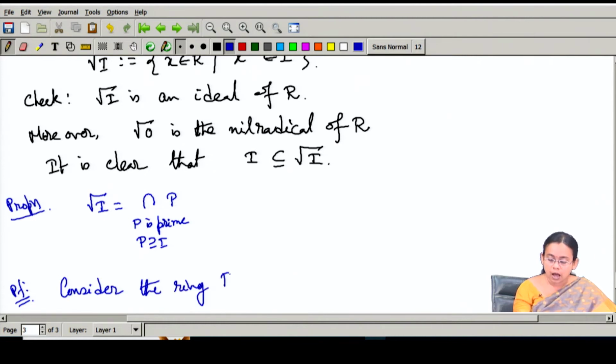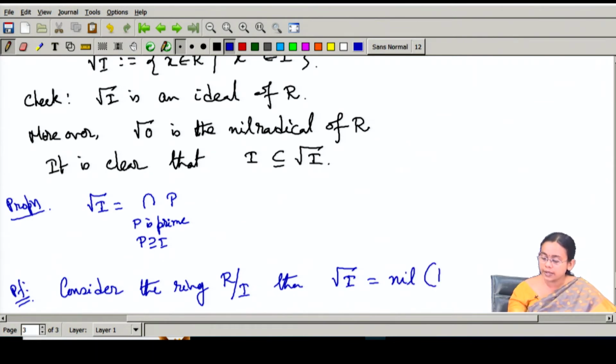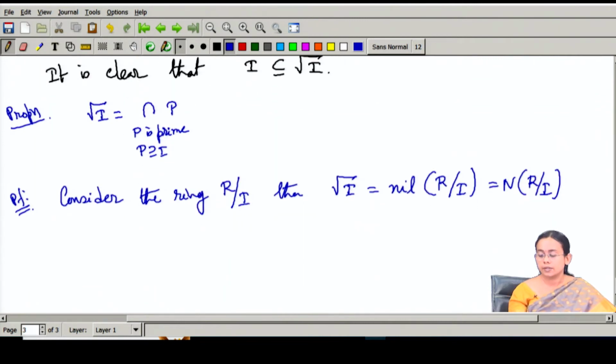ring R quotient I. In R quotient I, if you observe, the 0 ideal is nothing but the ideal I. If I consider the radical of I, then the radical of I is nothing but the nil radical of the quotient ring. That is, the nil radical of the quotient ring R quotient I is the radical of I, and we have seen the nil radical is nothing but the intersection of all the prime ideals.